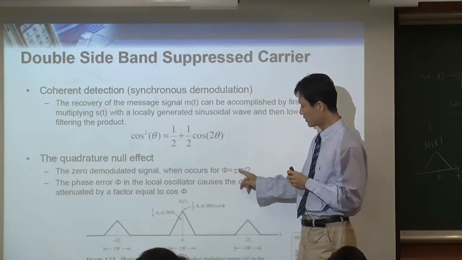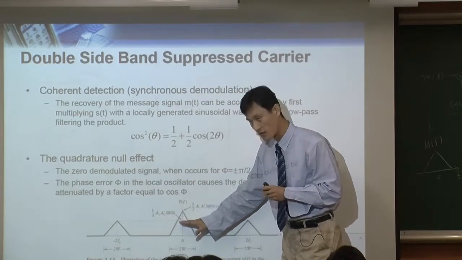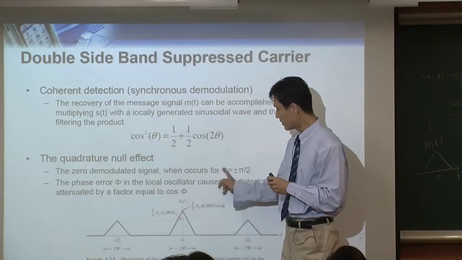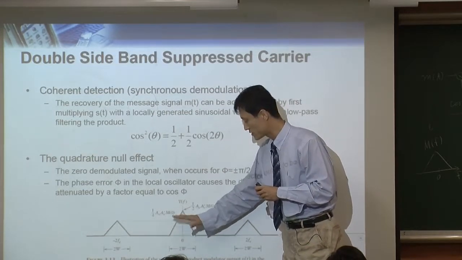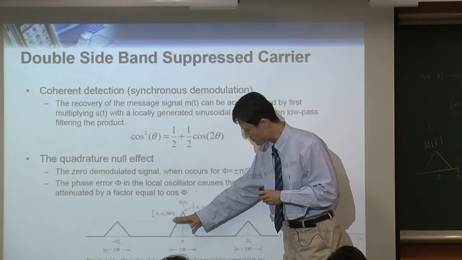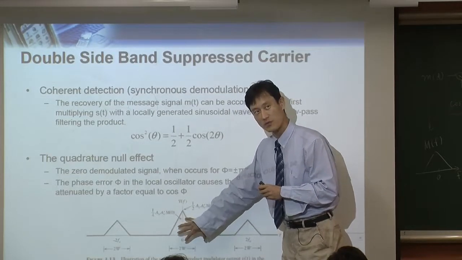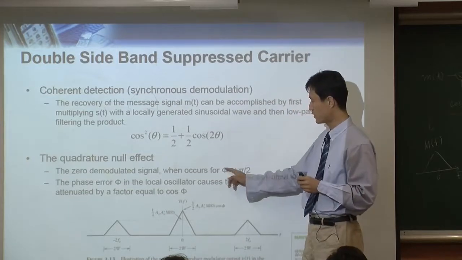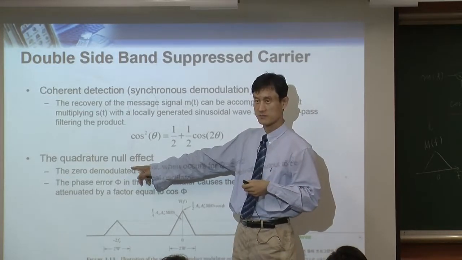But let's say phi equals 45 degrees, then you get something like this, some smaller value. So depending on the phase, your output is sometimes 0, sometimes the maximum, sometimes somewhere in the middle. The size of your output is different depending on the phase mismatch. That's the quadrature null effect.